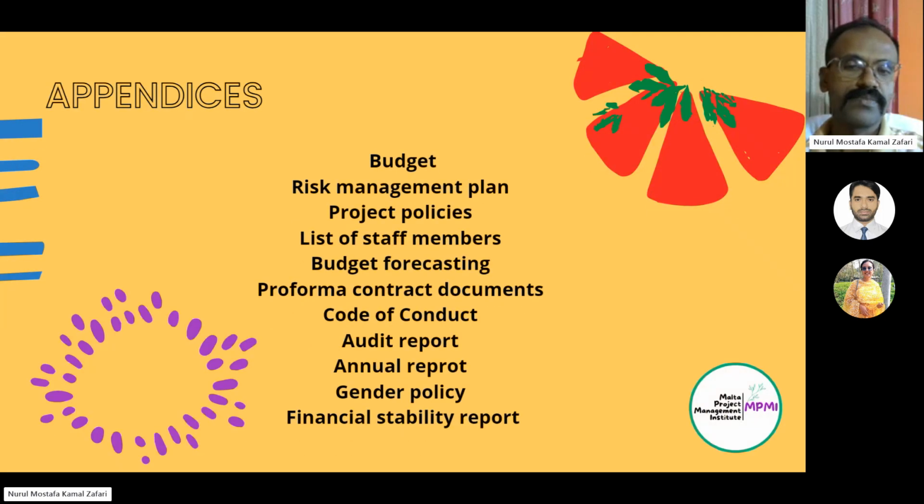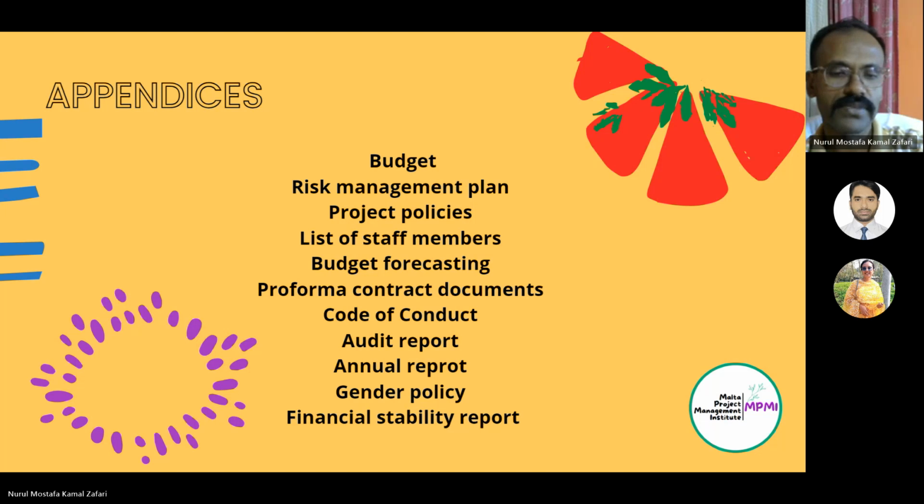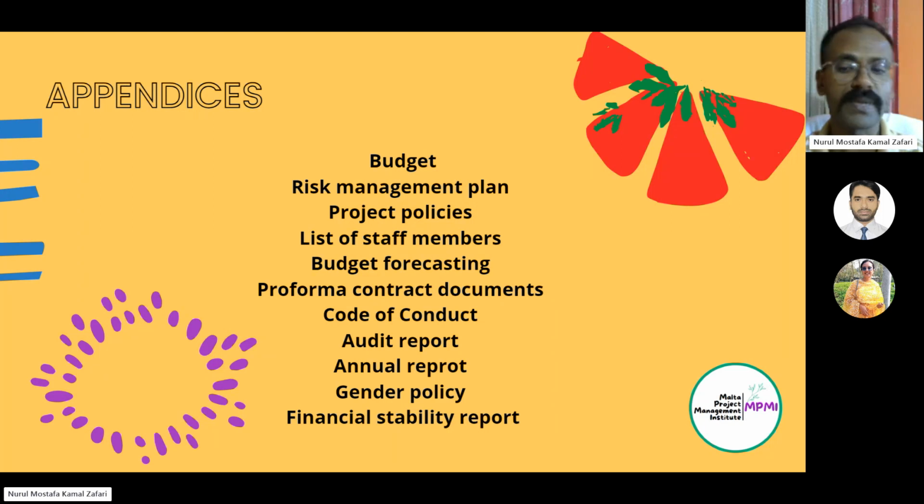Then appendices. Maybe the donor asks for details of some points like budget, risk management plan, project policies or organizational policies, list of staff members, even their CVs, budget forecasting, contract documents, code of conduct, audit report, annual report, gender policy, financial stability report. So many things the donor may ask you to submit.